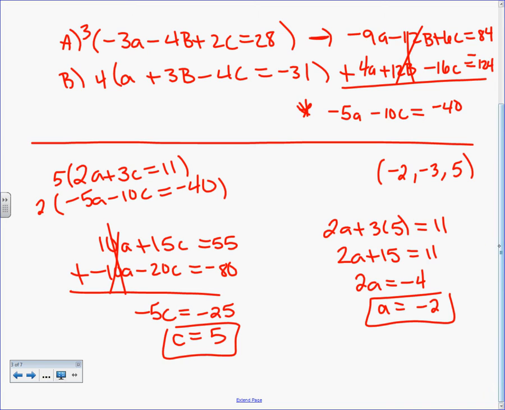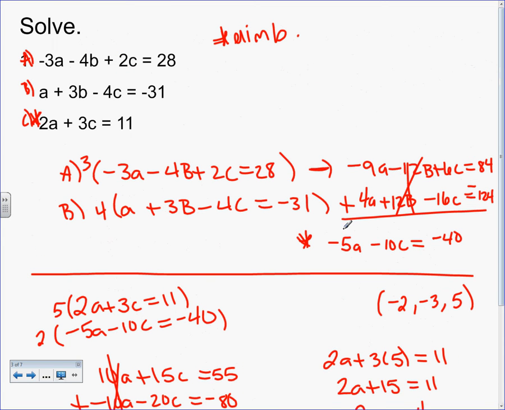Now, to find the third one, you have to go back up to the originals. Not this one, because that's not going to help me, right? But you could plug it into the first or the second one. I'm going to plug it into the second one because it looks easier. A was negative 2. So negative 2 plus 3B minus 4C, which is 5, equals negative 31.